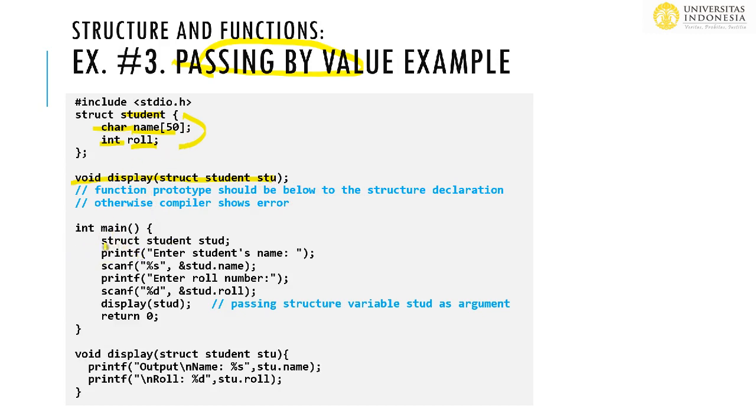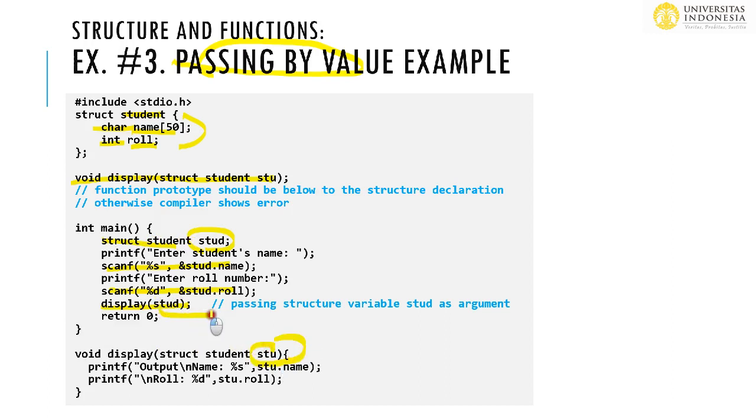In the main program you have struct student stud, meaning that stud is a student. Then you input the student name followed by the student roll number, and after that you display stud, the value of stud, by sending the variable of structure stud, which belongs to structure student, to stu.